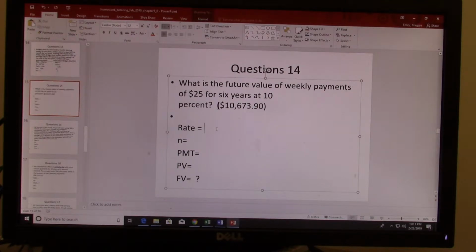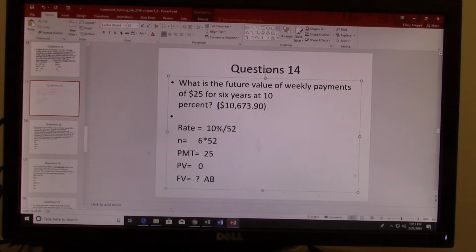So the rate here should be 10%, but remember, divided by 52. N should be 6 years, so how many weeks? Multiplied by 52. Payment should be $25. Present value, when you open this account, there's no money in it, so present value is 0. Future value is the question.